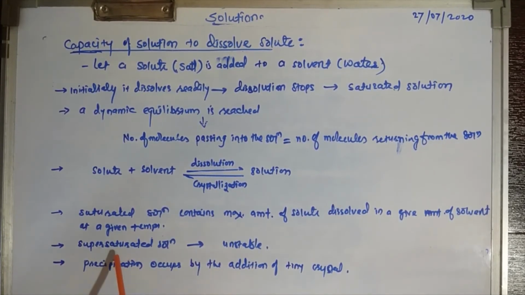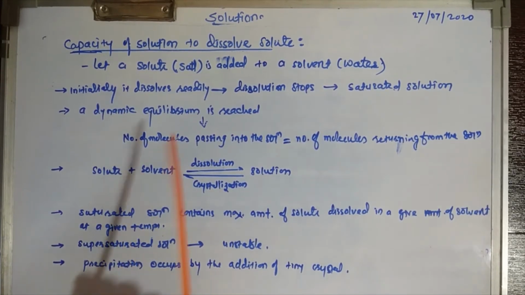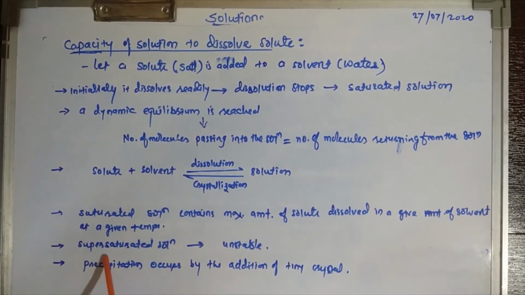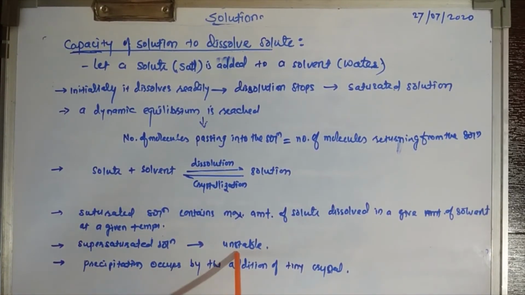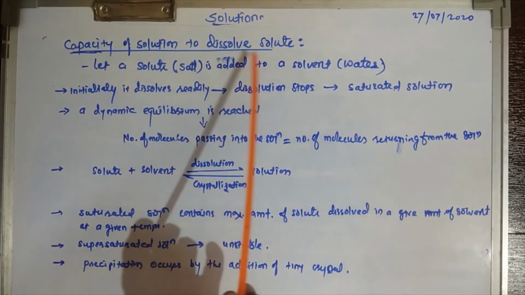When the excess amount of solute is present than the amount required to establish the dynamic equilibrium in the solution, it is called a supersaturated solution, and this type of solution is unstable. Being unstable, if we add a tiny particle of crystal, then precipitation occurs. So this is about the capacity of the solution to dissolve solute.